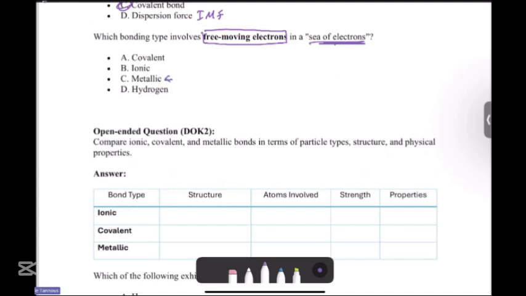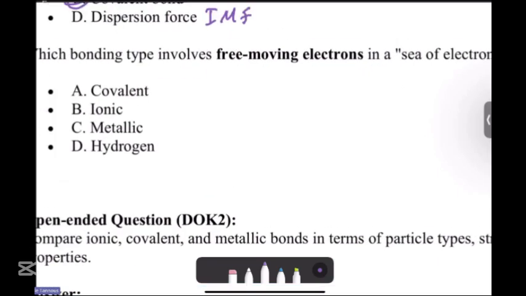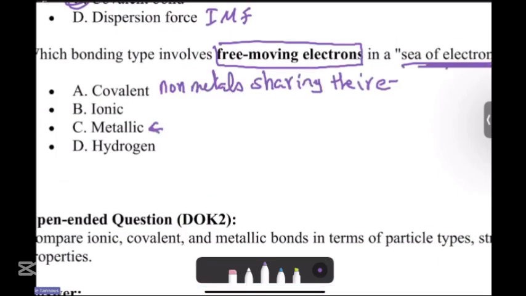So you need to remember the definitions. The covalent, you have non-metals sharing their electrons, so there are no free moving electrons. In the ionic, you have a metal transferring electrons to a non-metal.